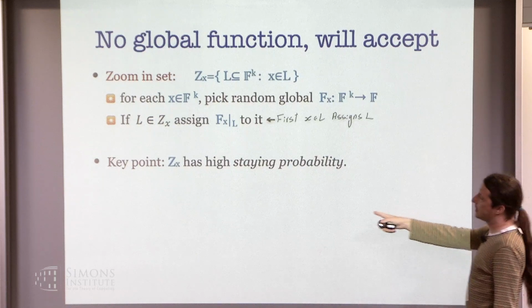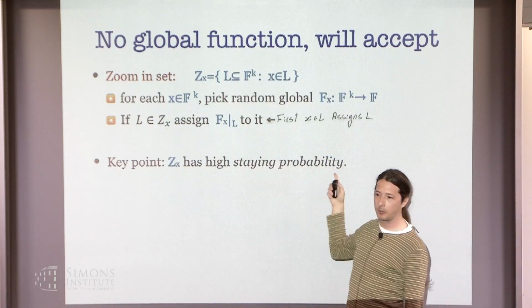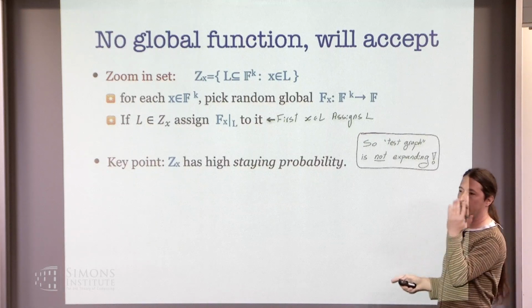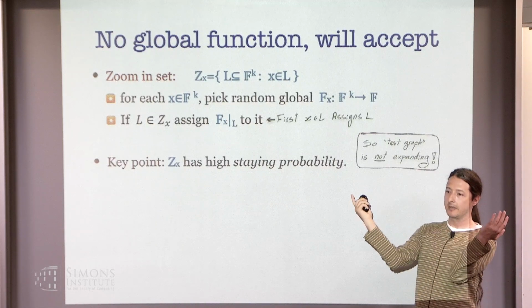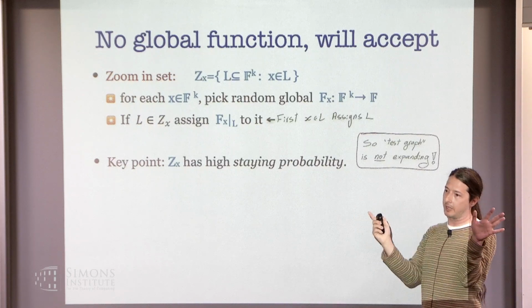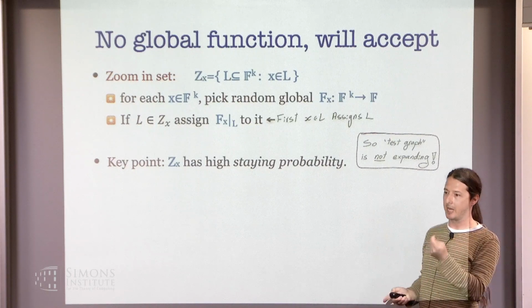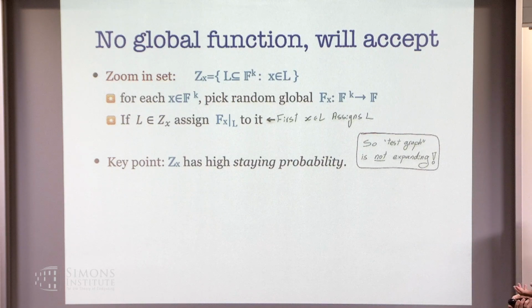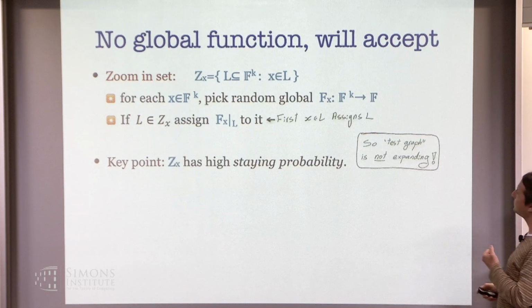And because Zx has this high staying probability, when the test considers L and its neighbor, there is a high probability that they are both assigned by the same x. And therefore, the test will accept with large constant probability.